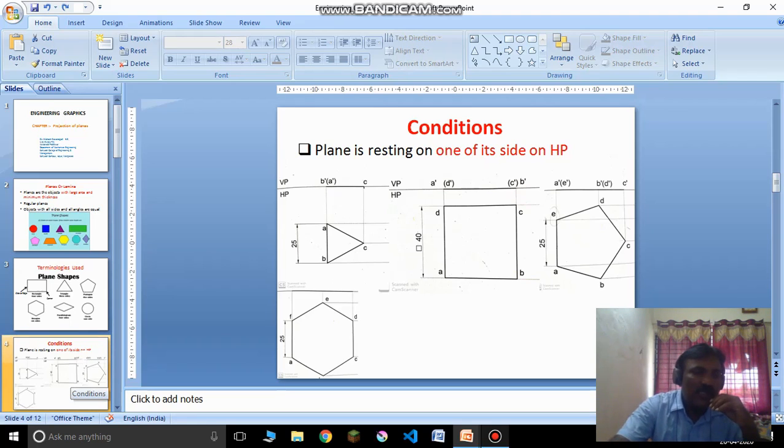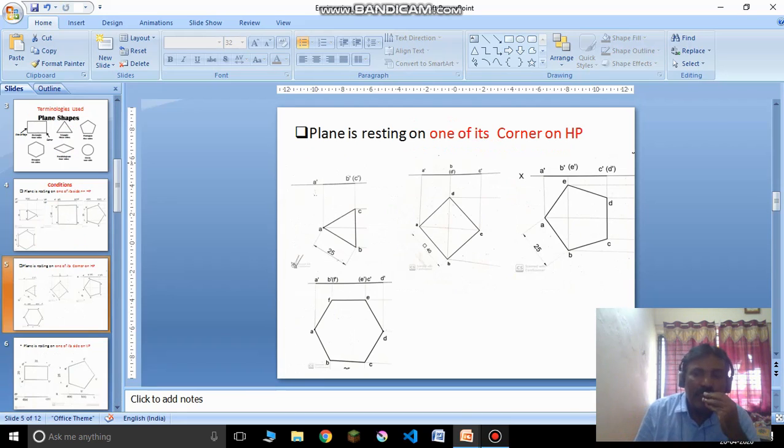Okay, coming back to the second condition that I talked about. Let's continue. The next condition is that the plane is resting on one of its corners on HP. You have already seen how to keep the lamina or plane when it is resting on one of its edges on HP.